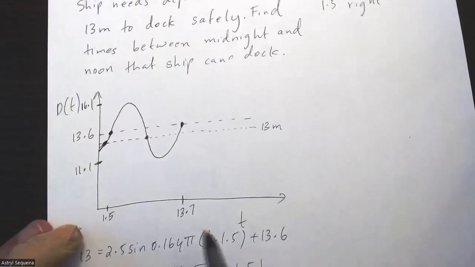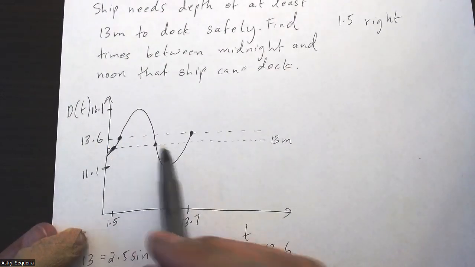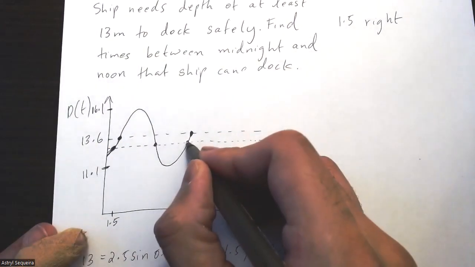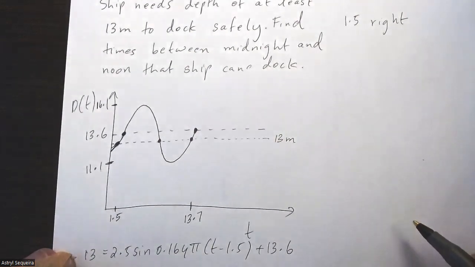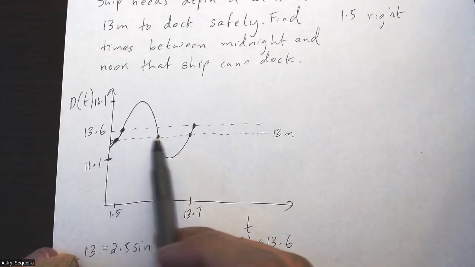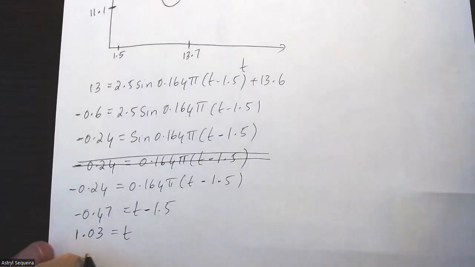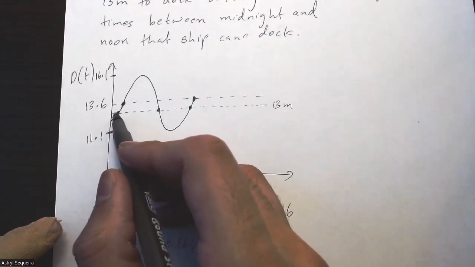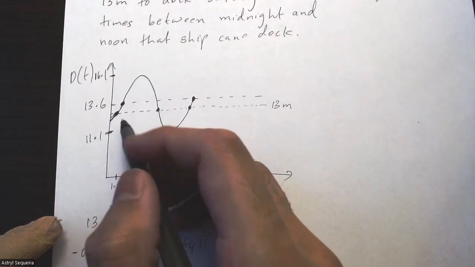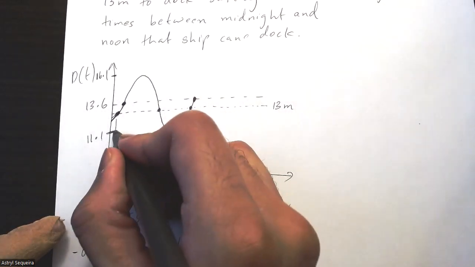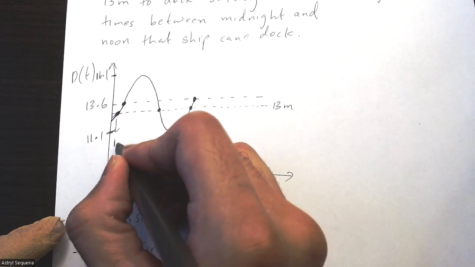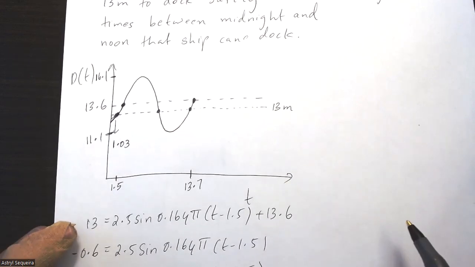So if I look over here, I have three different points, 1, 2, and then this third one over here. I have three different points that could be my solution to 13 meters, but 1.03 is obviously this first one over here. So that point has an x value of 1.03.